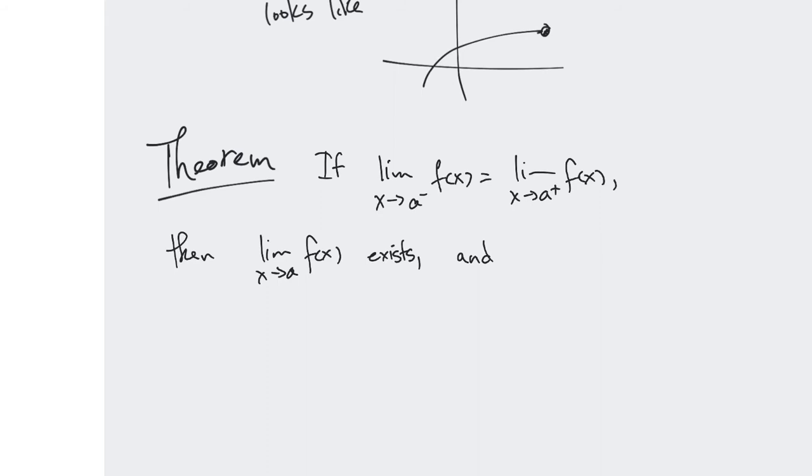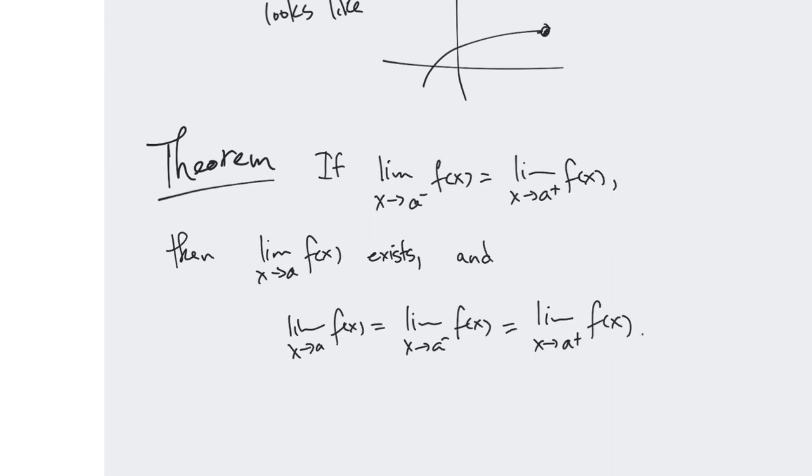Well, it equals whatever those other two sides are. If the two sides are the same, then the limit overall does exist, and it is the same as the two sides. And the limit as x goes to a of f of x is equal to the one from the left side, and it's also equal to the limit from the right side.